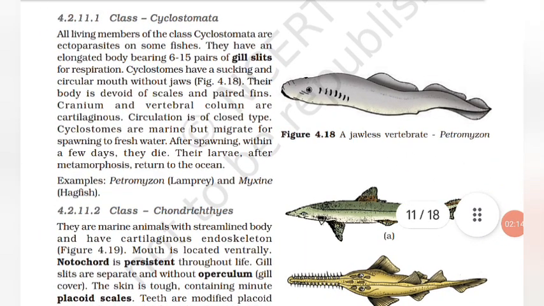It includes both marine and freshwater fishes with bony endoskeleton. यहाँ पे चेंज करके एक्सोस्केलेटन कर सकते हो, बट करेक्ट है एंडोस्केलेटन. समझे? Their body is streamlined. Mouth is mostly terminal.